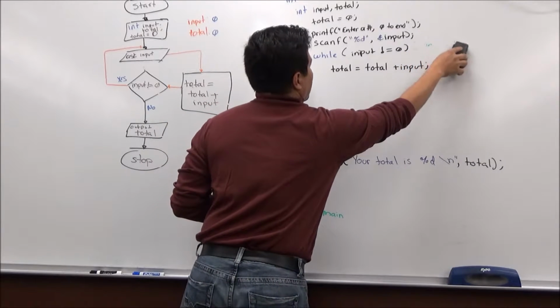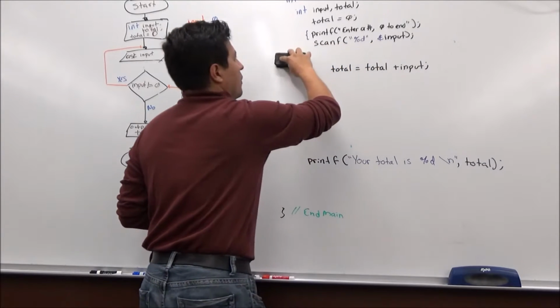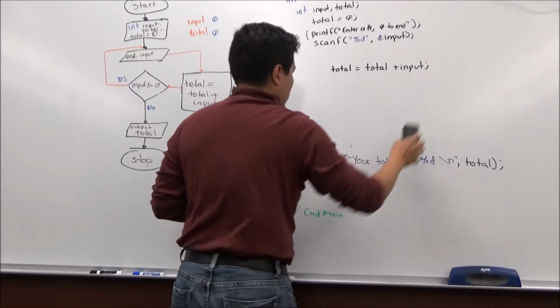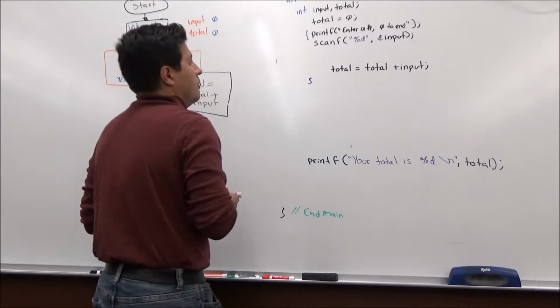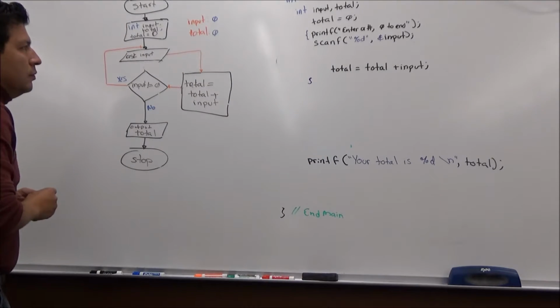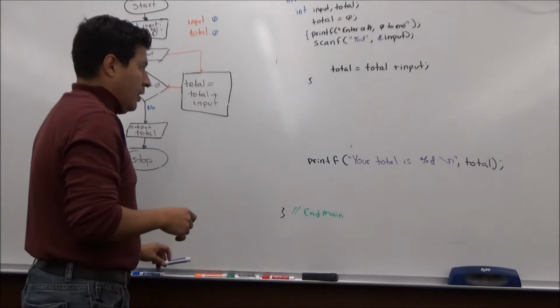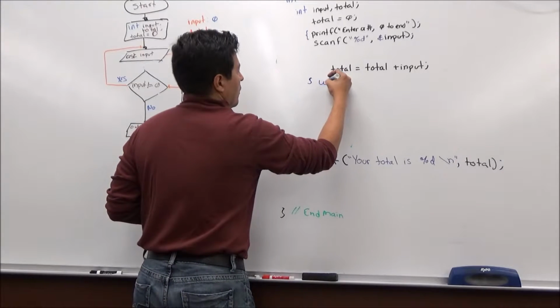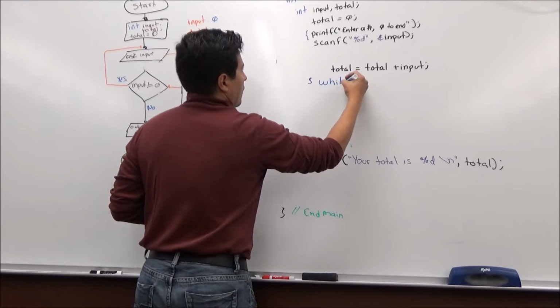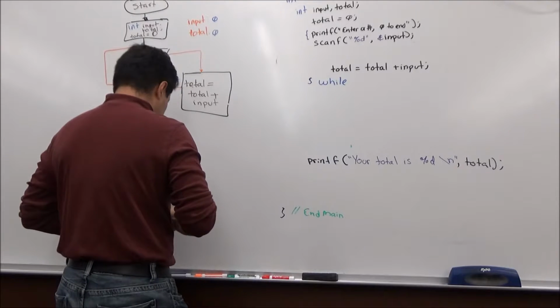I don't need a pretest. So I want to do this here. This is my block. And at the end, I want to ask if the input was different than 0.